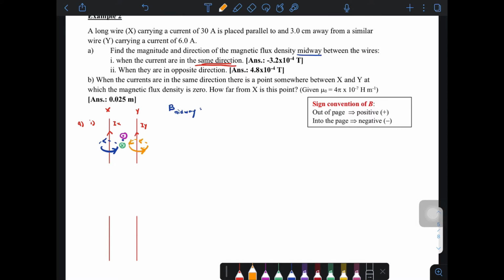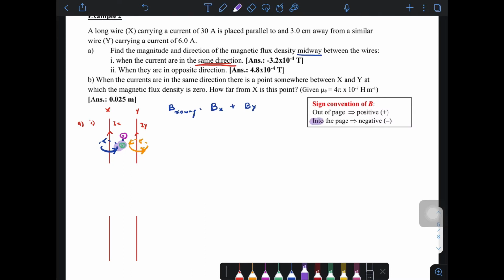Okay, so we know we have 2 magnetic fields dekat sini. B daripada X dan B daripada Y. Satu into the page dan satu lagi out of the page. So B midway akan experience B daripada X dan plus B daripada Y. Tetapi B daripada X dia masuk.